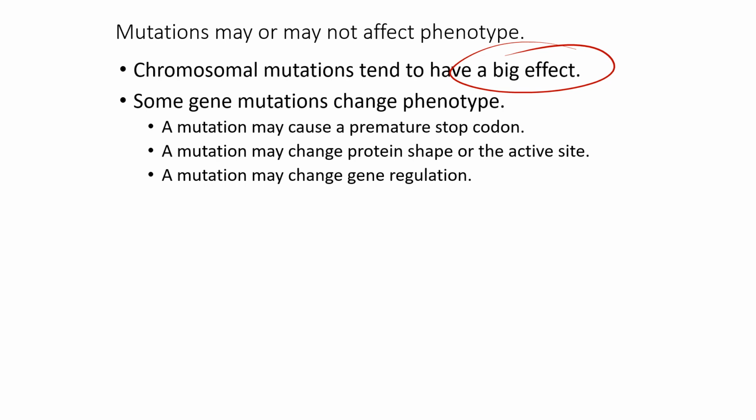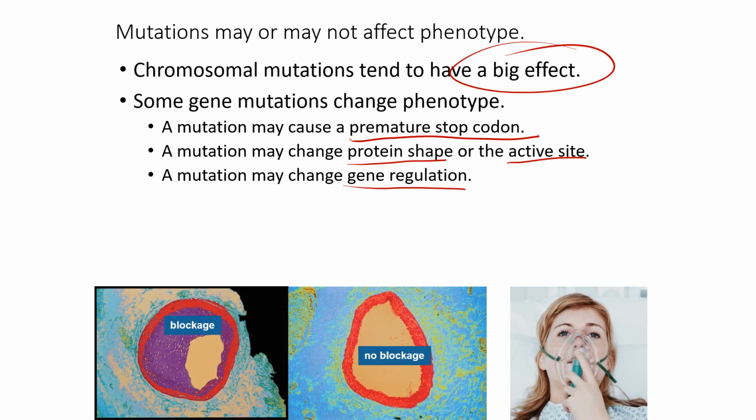Gene mutations can cause a change in phenotype. Remember, phenotype is our physical expression, or it can be internal expression, like not being able to produce a certain enzyme. So this might cause a premature stop codon. In other words, you don't produce enough of whatever enzyme we're talking about. The mutation may change the protein shape or the active site, so it may change the way the protein is made, and it might also change gene regulation.